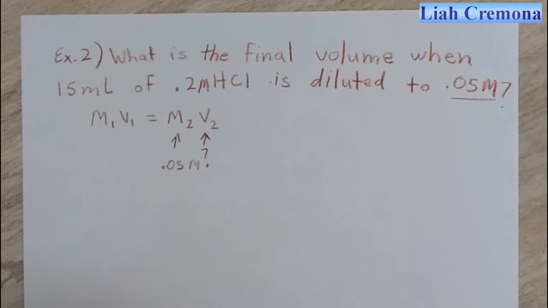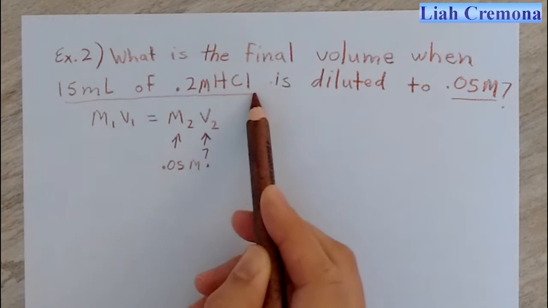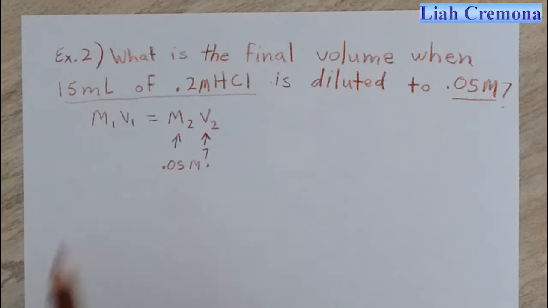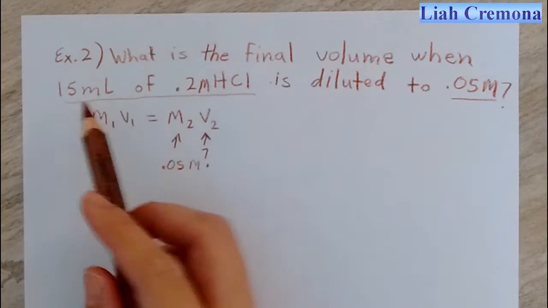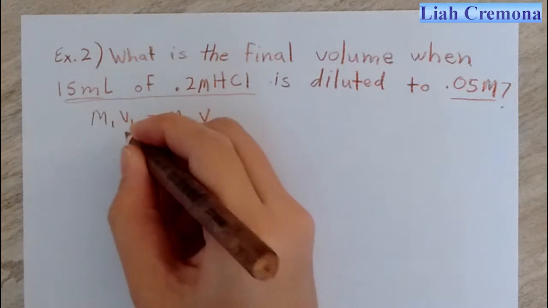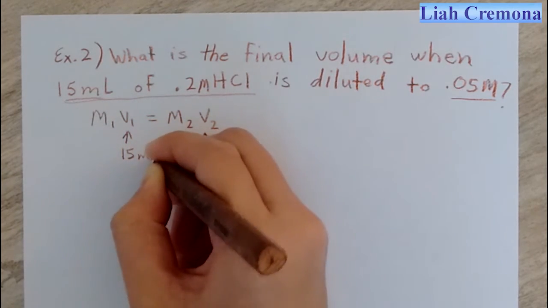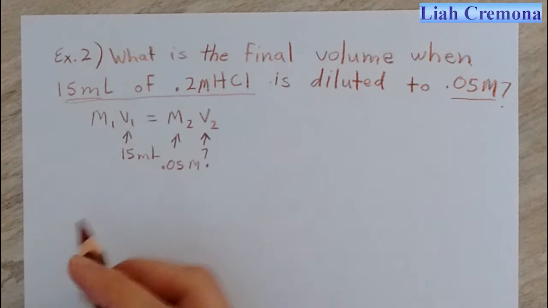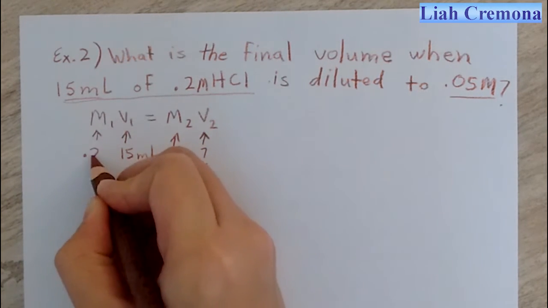And we know that here, 15 milliliters of 0.2 molar concentration was diluted. So here's the initial volume, 15 milliliters, and the initial concentration was 0.2.